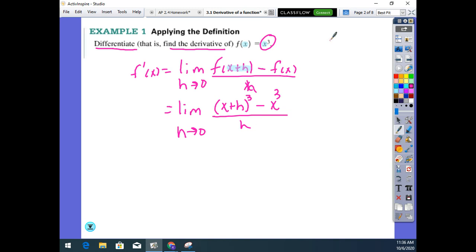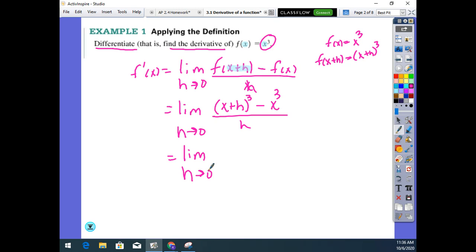If you need to, f of x is x to the third, f of x plus h is x plus h to the third. That's fine. But you need to write the limit as h approaches 0. Otherwise, you can't plug 0 in for h. This is the whole point of writing that.